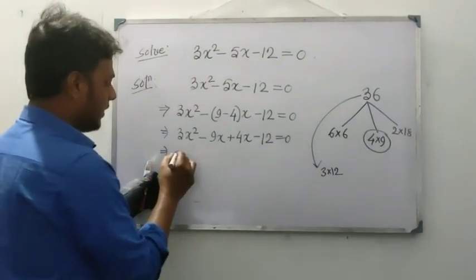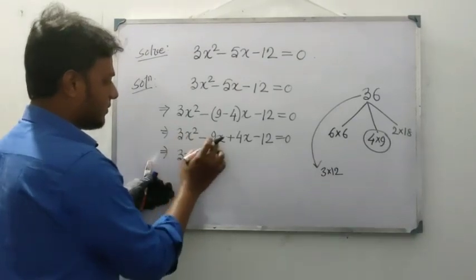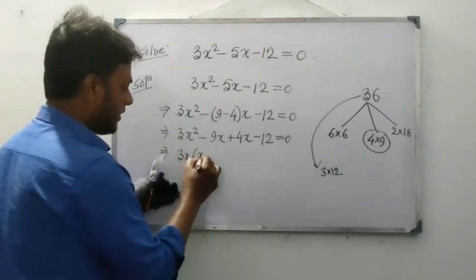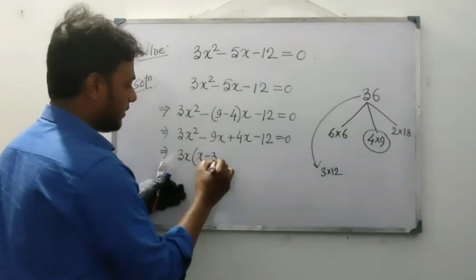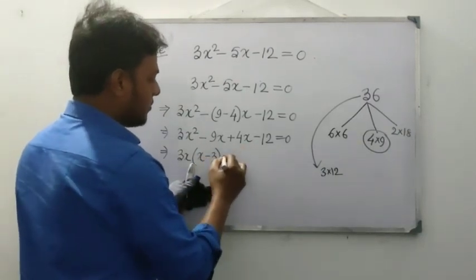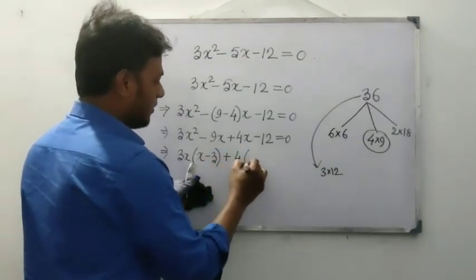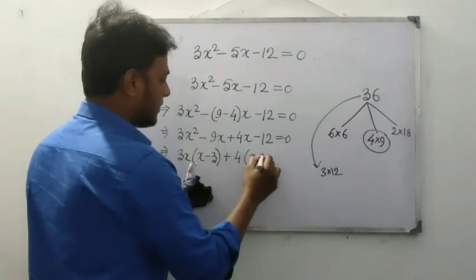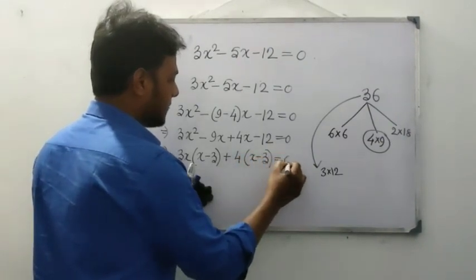Now take 3x common from the first two terms, then it is x minus 3, and from the second two terms take 4 common, then it will be x minus 3 equals 0.